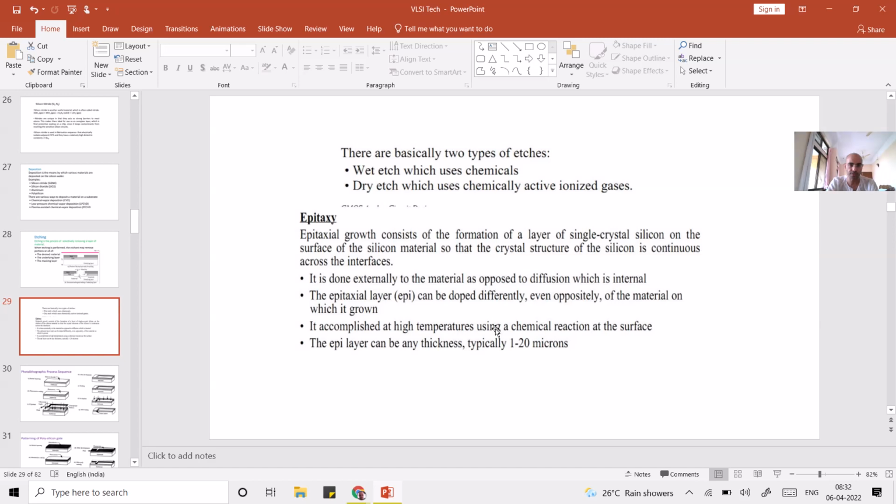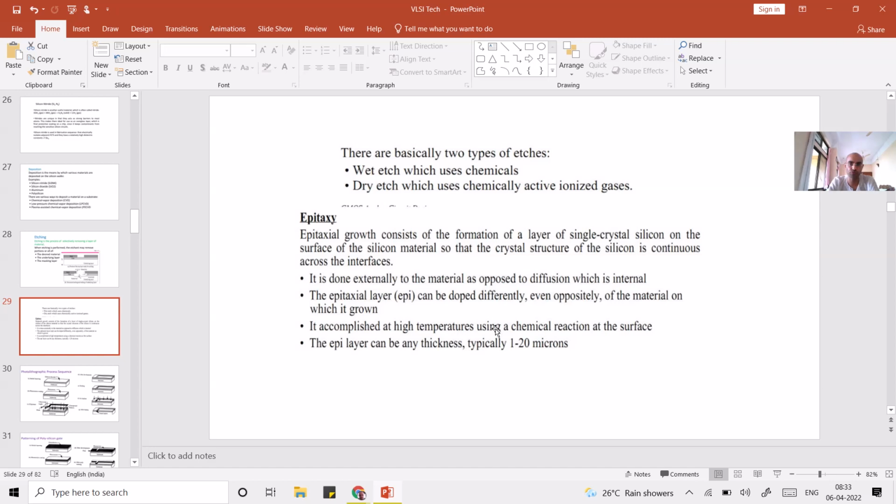It is done at a very high temperature because you want very precise control of the silicon, not the silicon dioxide. Here the crystal structure should be very good, and the defects should be minimum. The purpose is to remove any defects present on the substrate completely.